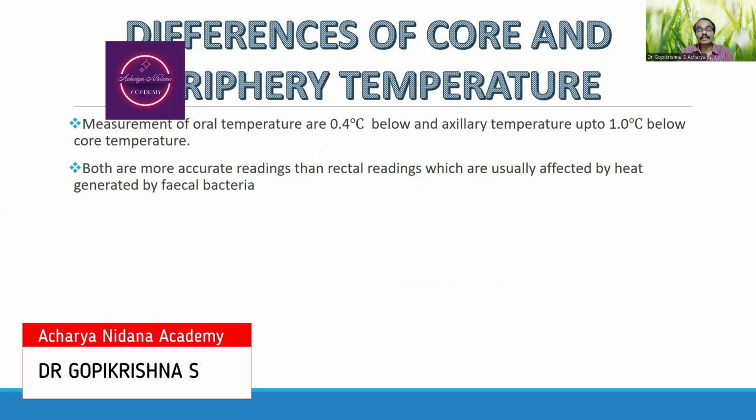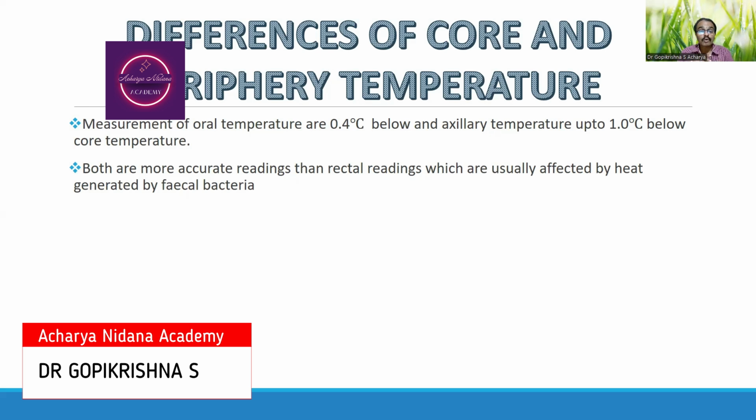When you think about the differences between core temperature and peripheral temperature, the oral temperature is 0.4 degrees Celsius below the core temperature, whereas the axillary temperature is up to 1 degree Celsius below the core temperature.